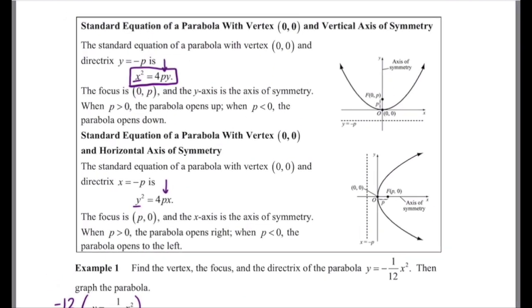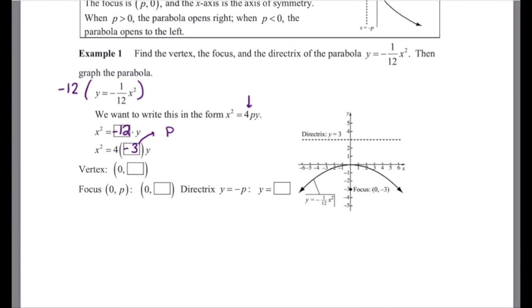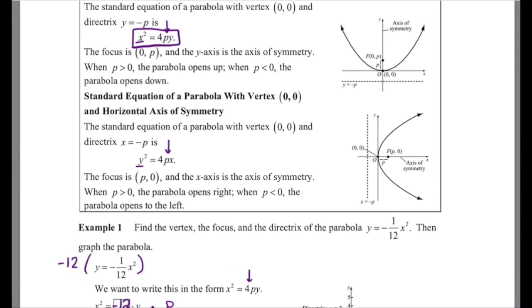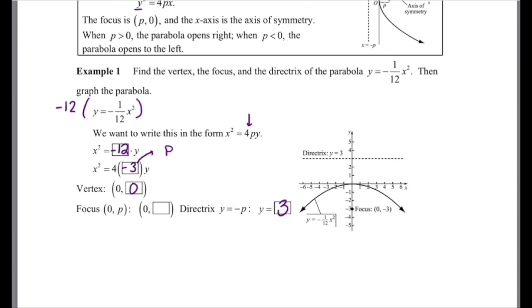Now that I know my p value, my directrix is y equals negative p. So y equals the opposite of negative 3, which is positive 3. Our vertex is still going to be 0, 0, because we put it in the standard form. And our focus is 0, p itself, or 0, negative 3.